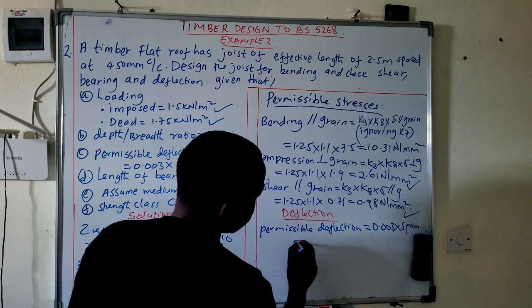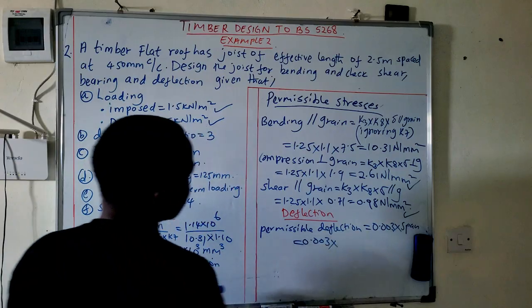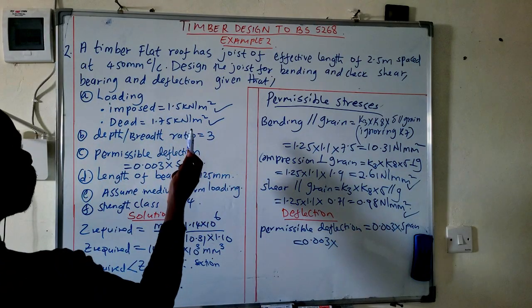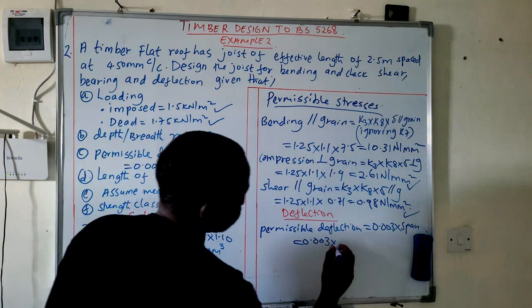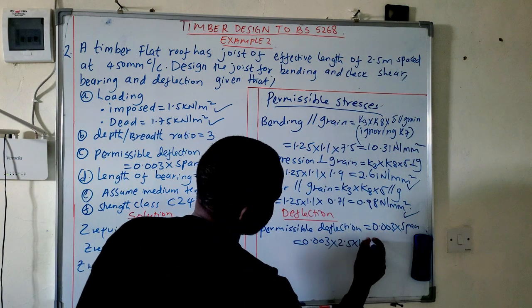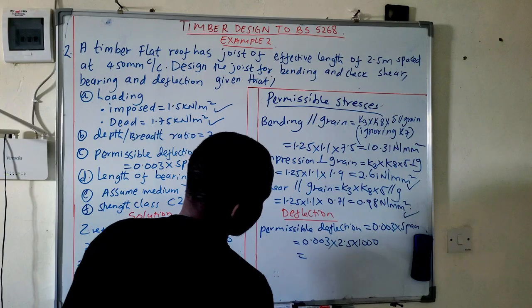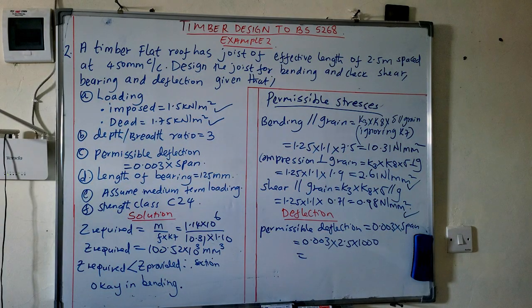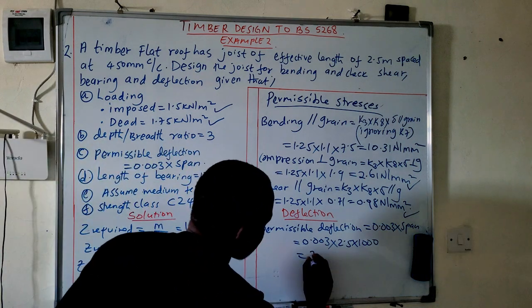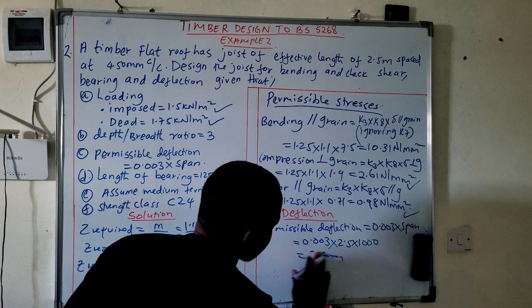The span is 2.5 meters, so 2.5 times 1,000, we are changing it from meter to millimeter. So the answer is 7.5 millimeter.